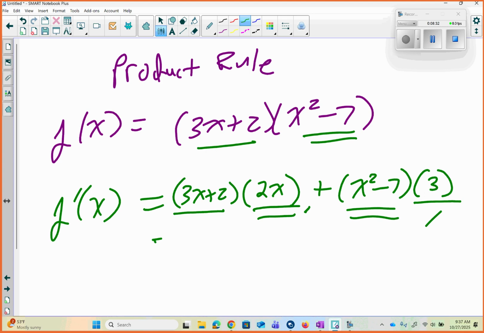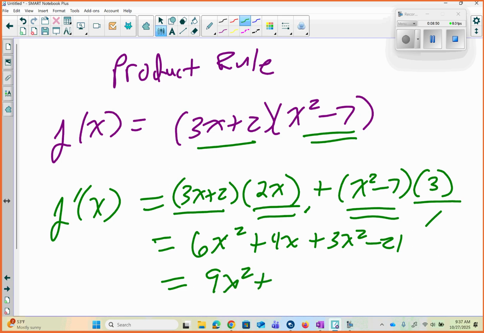And then clean it up a little bit. That's going to be, add and multiply, and then combine like terms, so I get 9x squared plus 4x minus 21. So this is the derivative of the whole thing.